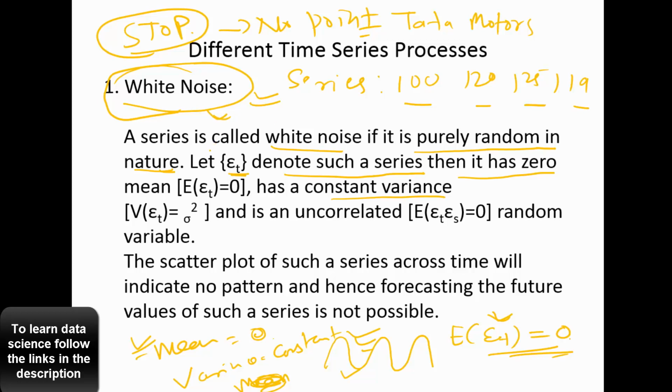It's such a random thing. One way to forecast white noise is to simply take the average, and that's the best forecast you can give for the next period.